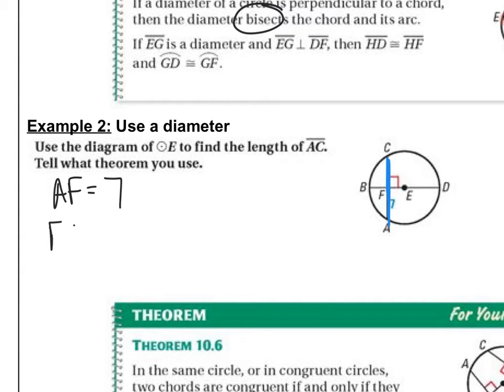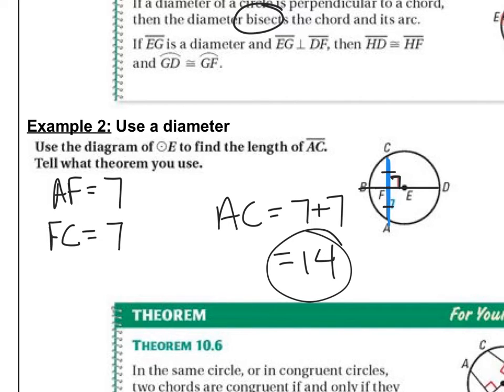We are going to need FC so that we can get AC. Again, the perpendicular bisector created right here means it bisects this chord. So if AF is 7, that means FC is 7, which means AC is going to be 7 plus 7, which is equal to 14.